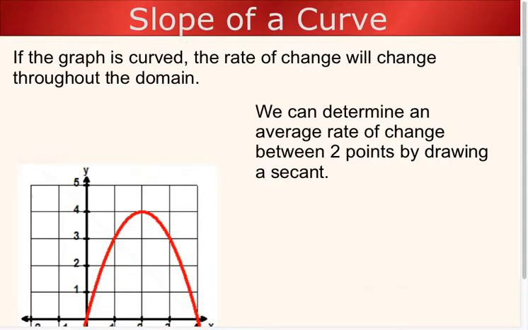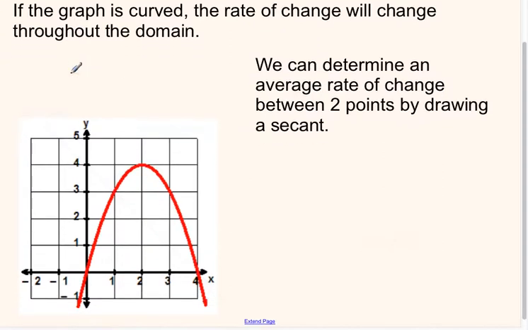Okay, so let's keep going. If we have a curve, it's a little different. We've never really talked about slopes on curves very often, and this is our first introduction to it. If you have a curve, notice that the slope changes between 2 points. We're still going to use the slope formula.